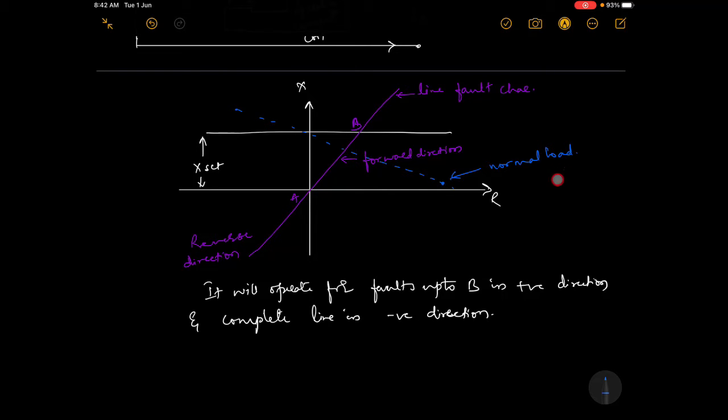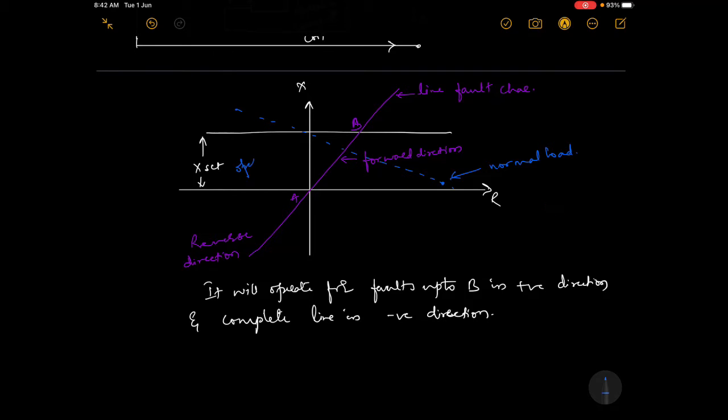So during unity power factor, when your load is normal, somewhere here your R will be, and X will be very less because it is unity power factor, and this relay will see this also as a fault condition because this is your operating region, correct.